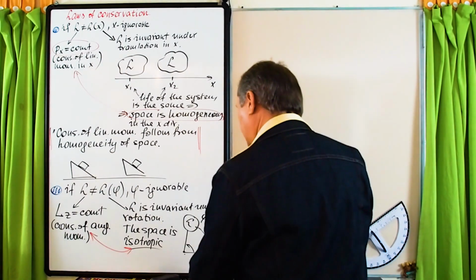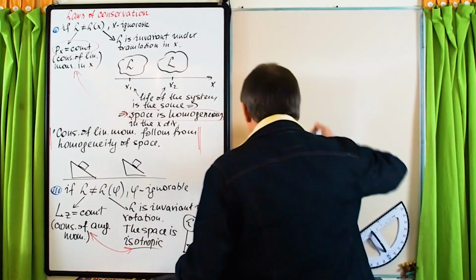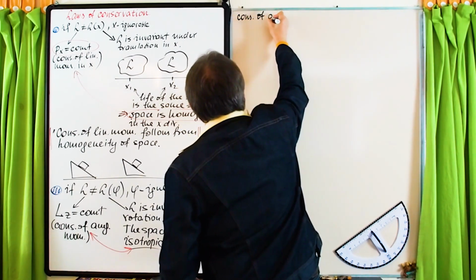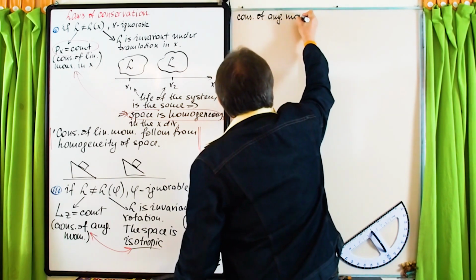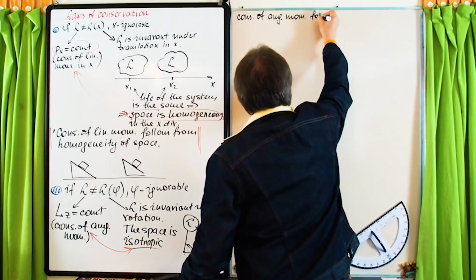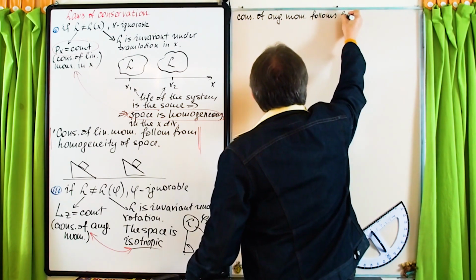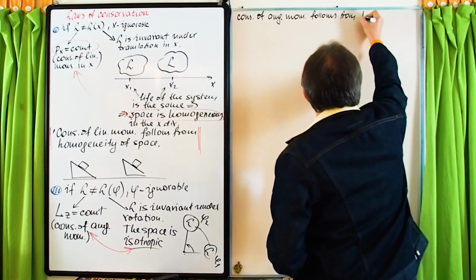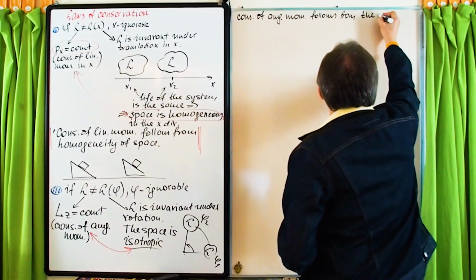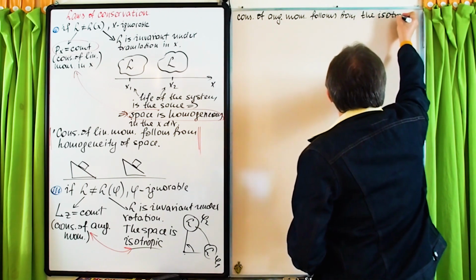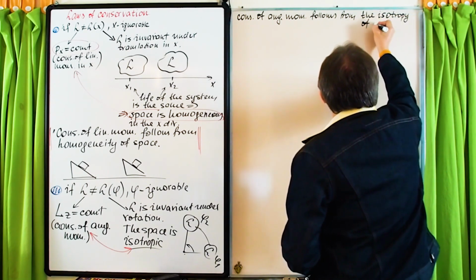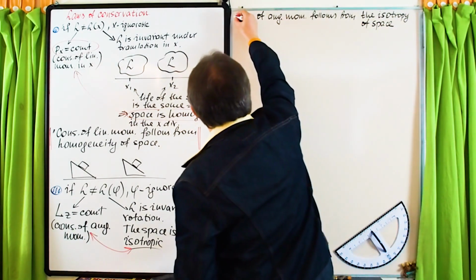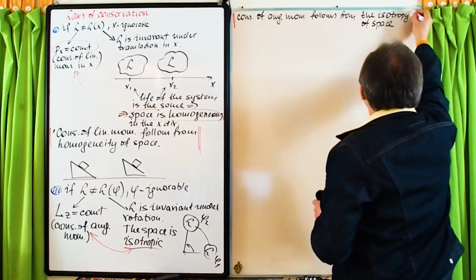So I can write it here: conservation of angular momentum follows from the isotropy of space. Okay, now I can frame this as well.